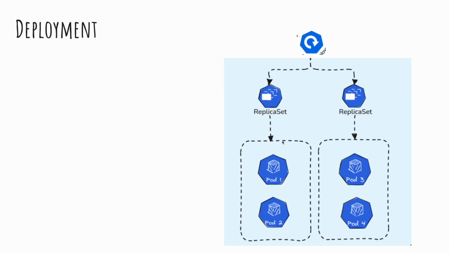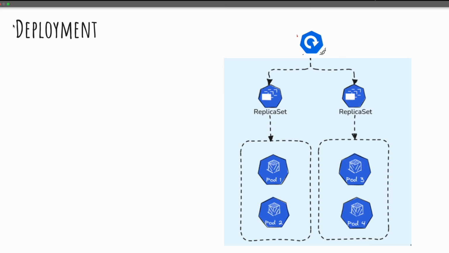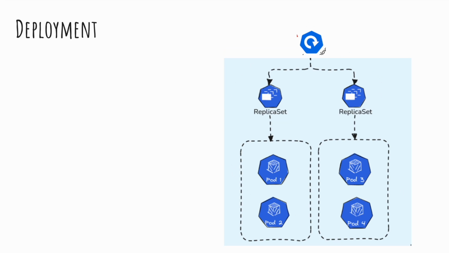The replica set manages how many replicas of pods should be running, and all of this configuration is added in the YAML file. As I already mentioned, self-healing is the main benefit: if the pod crashes or becomes unresponsive, Kubernetes will replace it automatically.